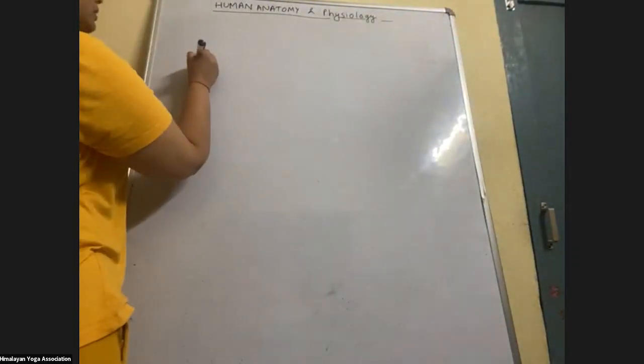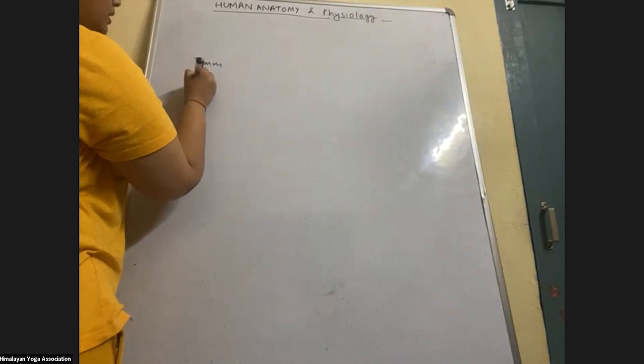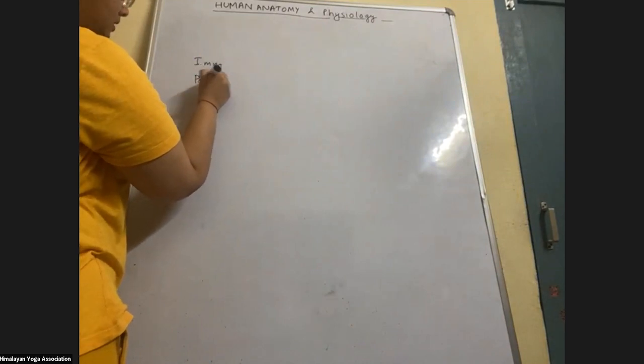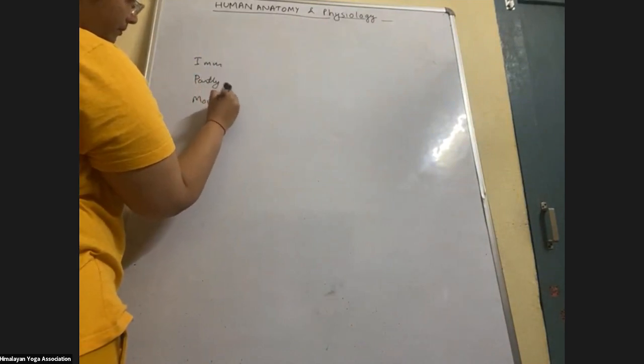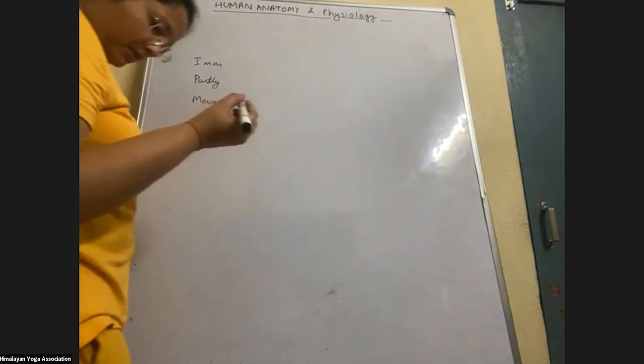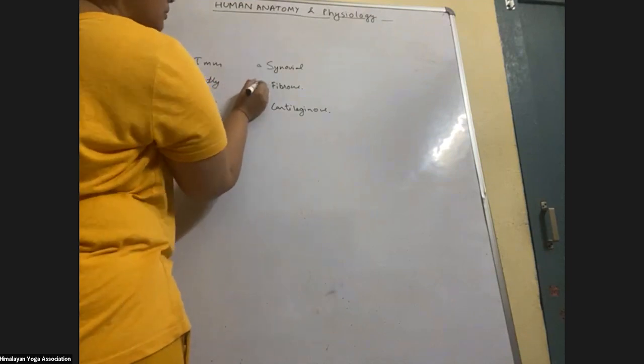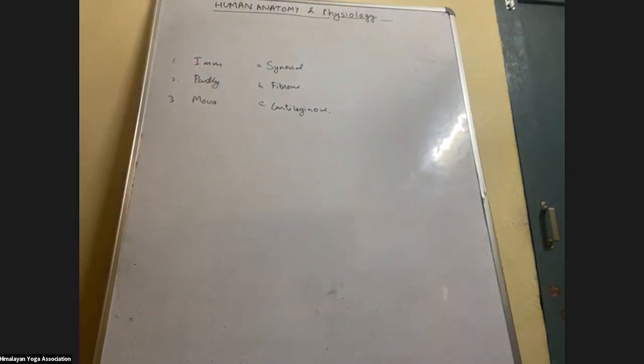Okay, so immovable, partly movable, and movable. Then we have, please match the following.